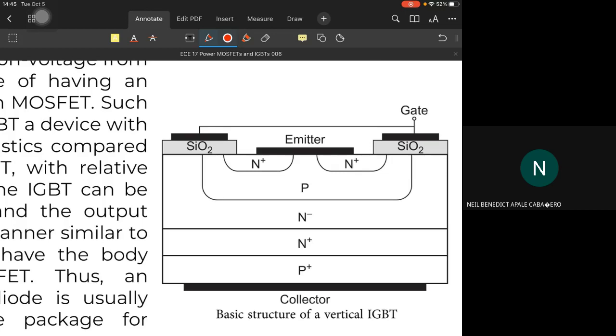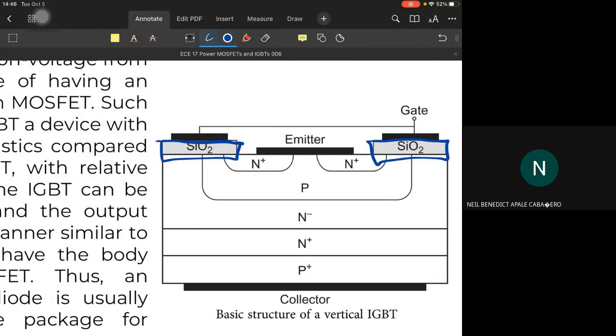It is like the MOSFET in that the gate is still insulated from the semiconductor material by silicon oxide. That is why it is called insulated gate, an insulated BJT. Partly MOSFET, partly BJT.